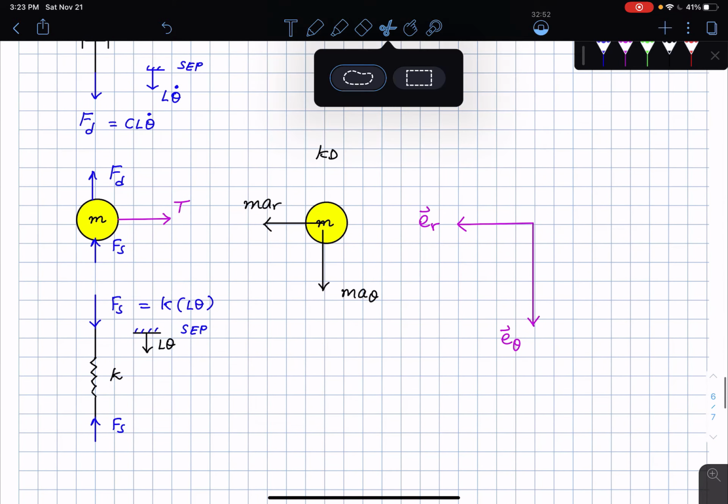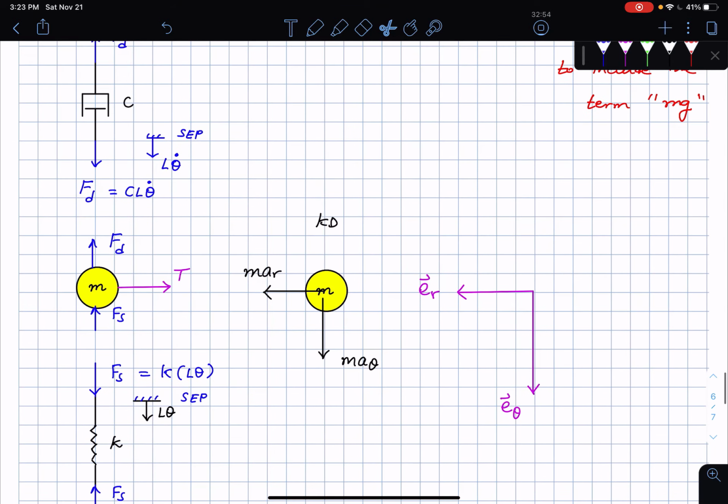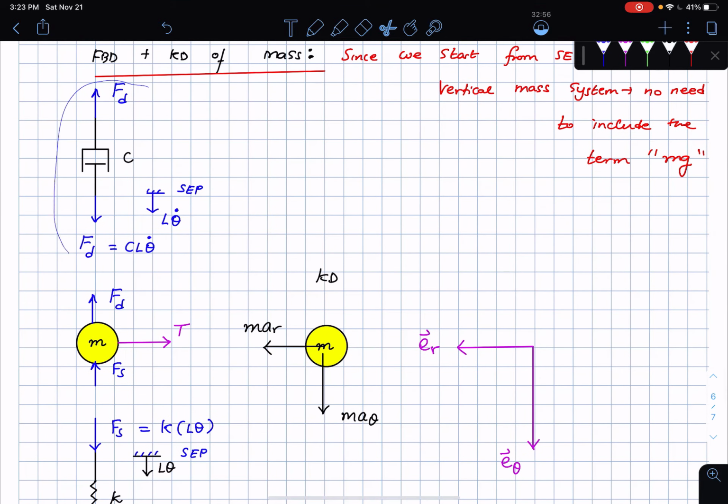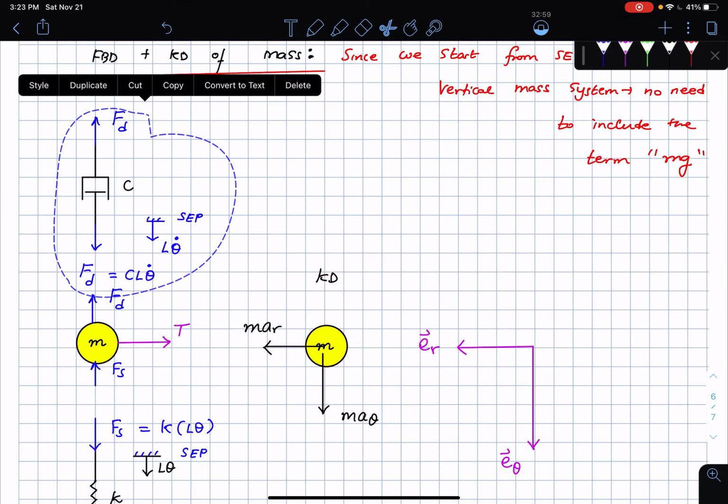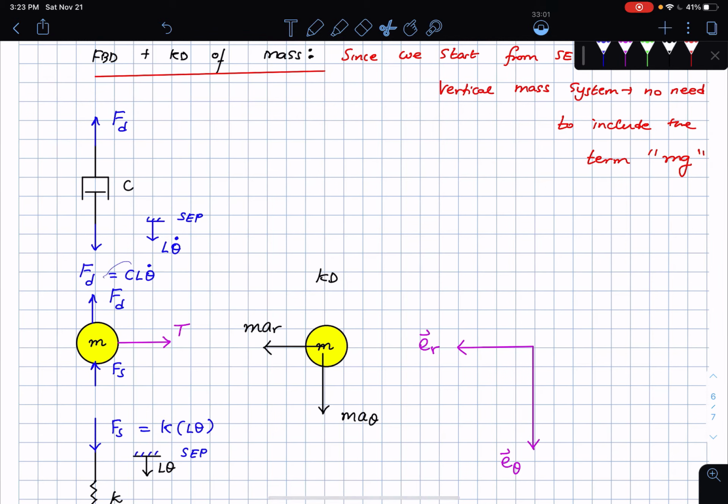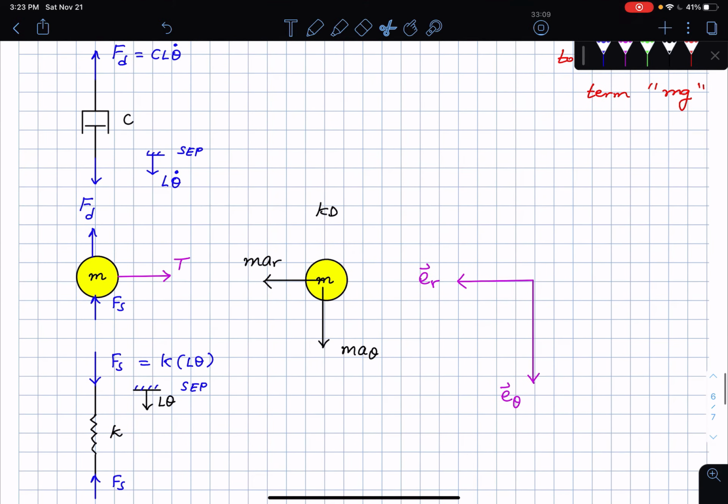Which means that I can try reducing the size of these things, or bring this down so that you can see all of them at the same time. This is c l theta dot, and just cut that off. So this is the entire system. This is the kinetic diagram of the mass, and here is the free body diagram.